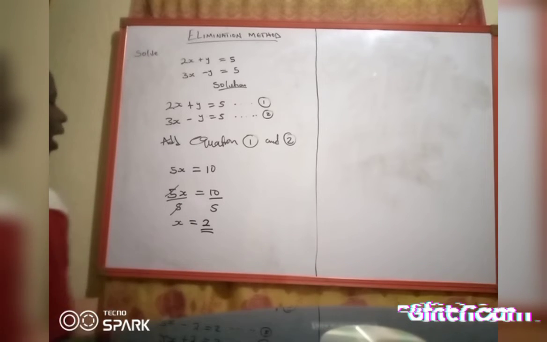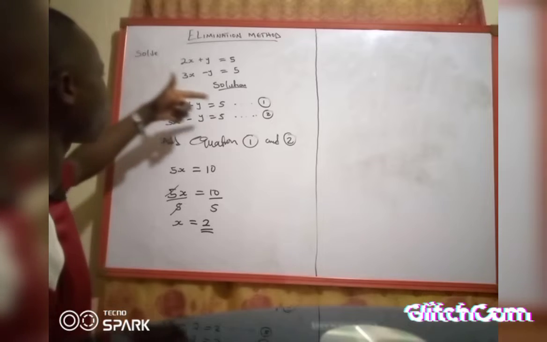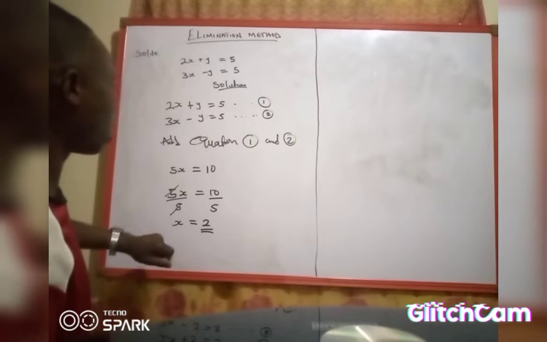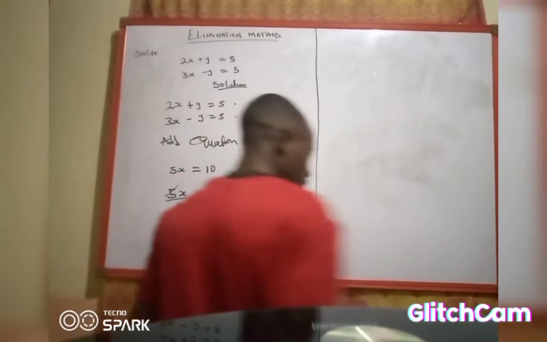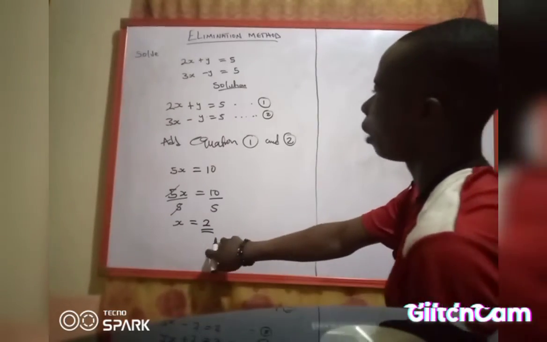To get my y, I can plug this value of x into either equation 1 or 2. Let's say equation 2. I should plug this value of x, which is 2, into my equation 2 so that I can get my y.